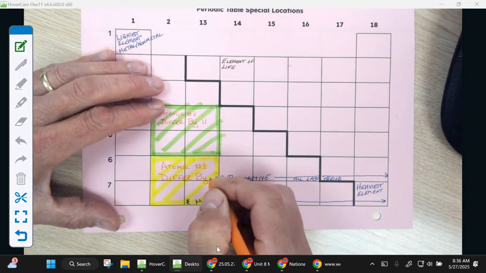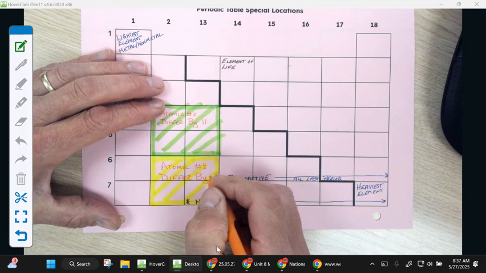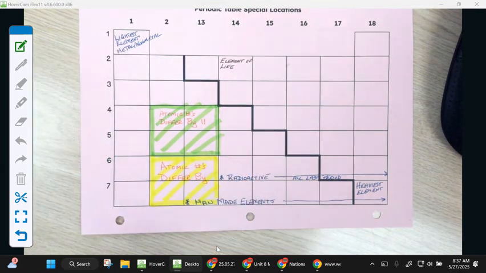How much? 24? Well, 56 to 81 is how much? Not 24. 25.